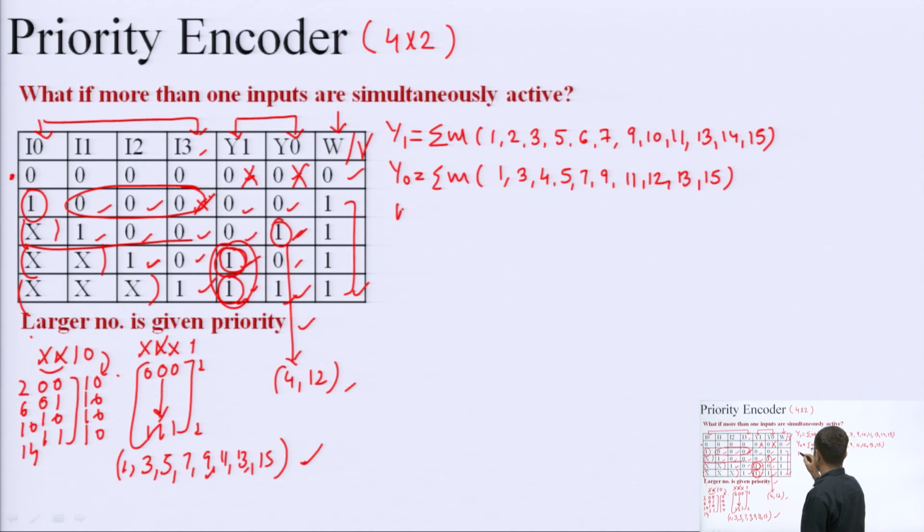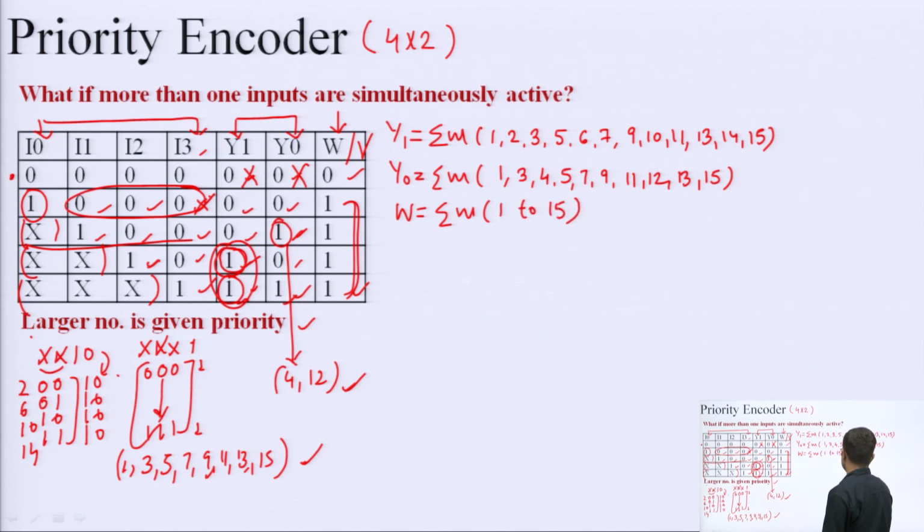And similarly, this W is equal to these 4 high terms correspond to all these terms, 4 terms from here, 8 terms from here, 4 plus 8 12 plus 2 terms from here 14, except 0, that means 1 to 14, 1 to 15, all 15 terms, plus there is a don't care term at 0. So, these are the min term set for these 3 outputs. Now, we can solve K map for them.